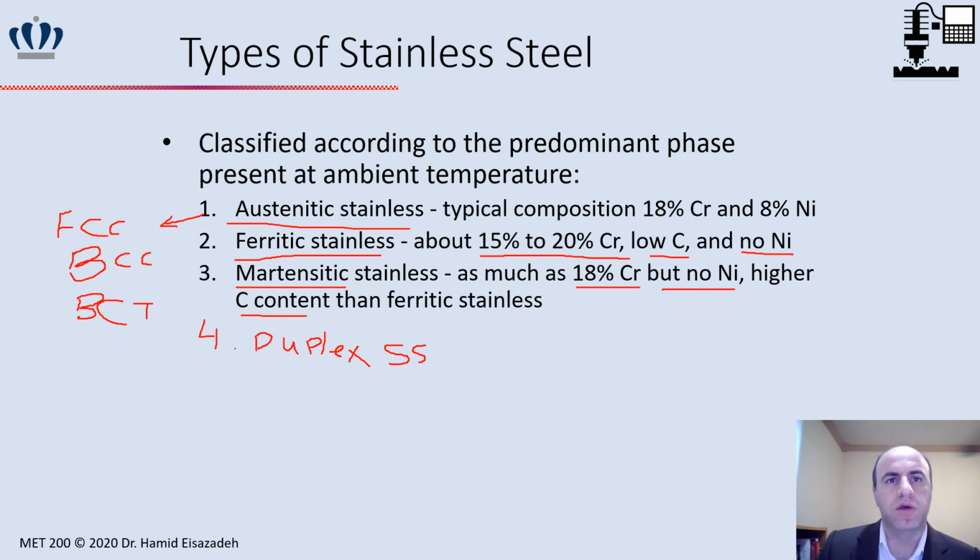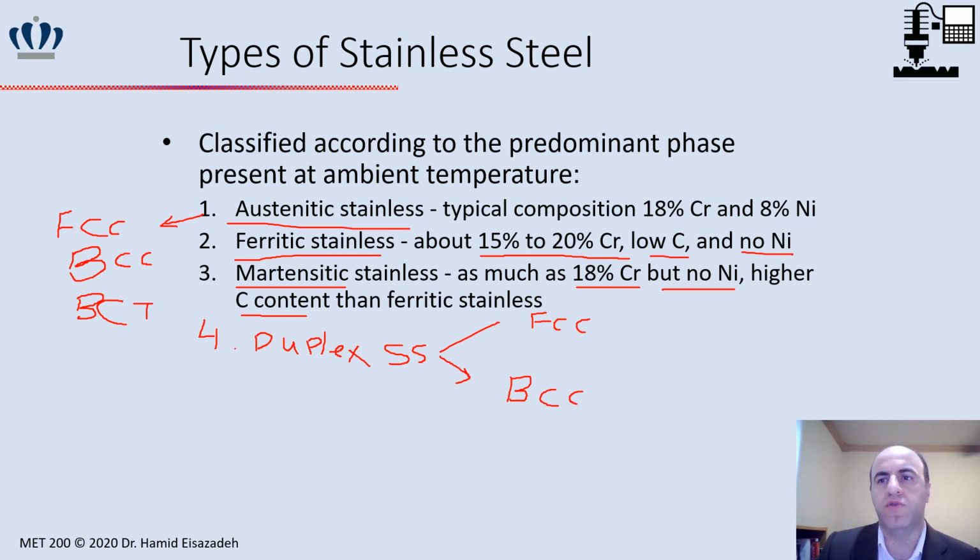When we are working with duplex stainless steel, we would see two phases, 50% FCC or austenite phase and 50% BCC or body center cubic.